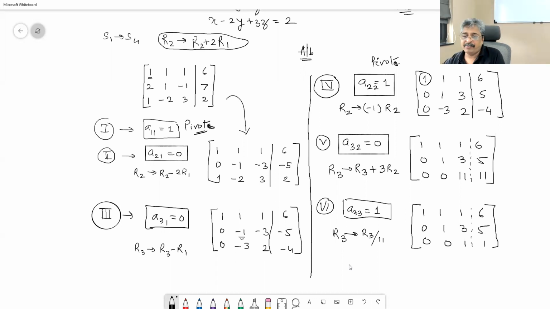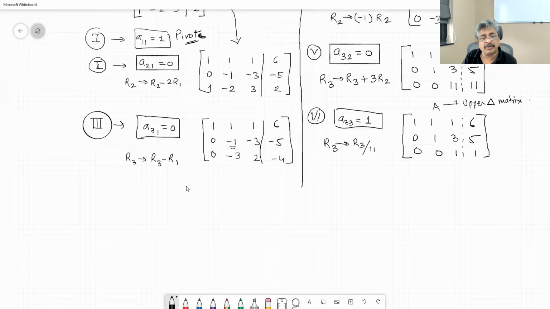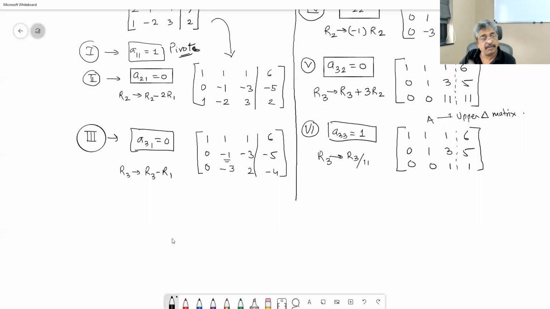If you look at A, it is upper triangular. Now suppose we stop at this point. We were to find the solution set of the system of equations in the first place, and we are maintaining the equivalence. Therefore, the solution set of this matrix is the same as the original.